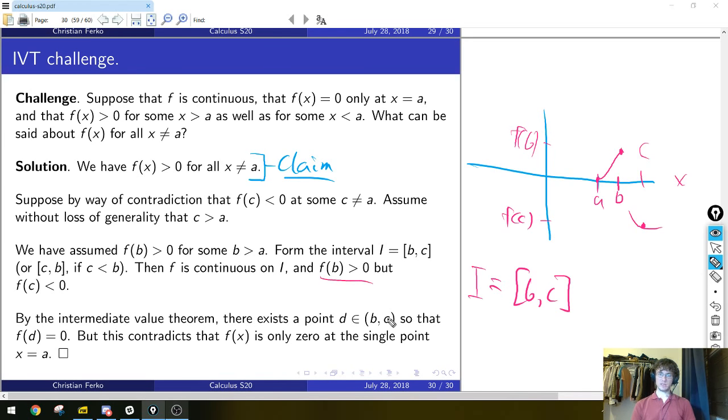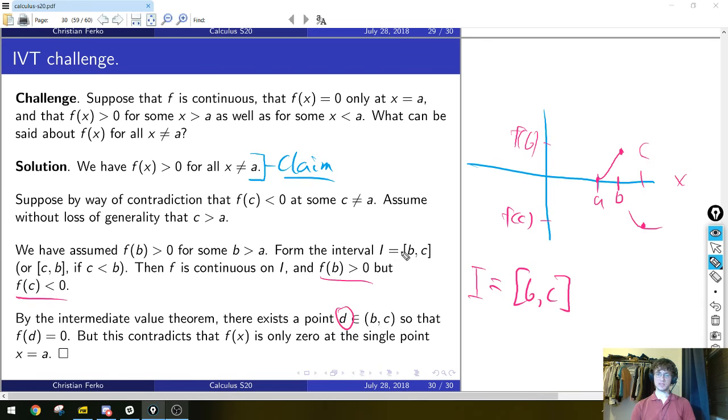But we know f of b is positive and f of c is negative. So the intermediate value theorem tells us that if a function is continuous on a closed interval, and there is a fixed number between f of the left endpoint and f of the right endpoint, then the function must hit that fixed number somewhere on the interval.